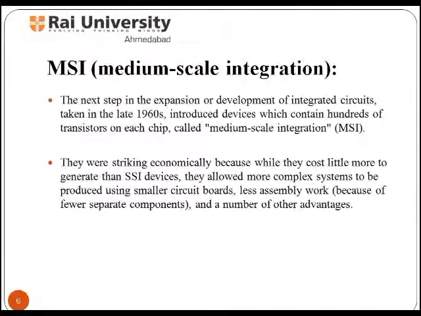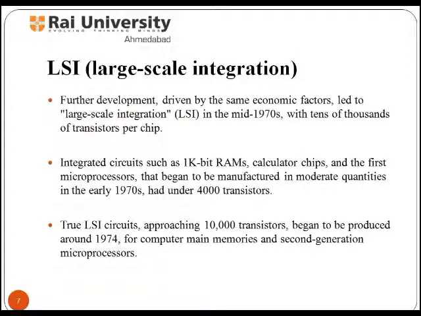Large scale integration was produced for the development, driven by the same electronic factor, in the mid 1970s with tens of thousands of transistors per chip. LSI are used for computer main memories and second generation microprocessors. Calculator chips and first microprocessor are those integrated circuits which are manufactured in moderate quantities including 4000 transistors.